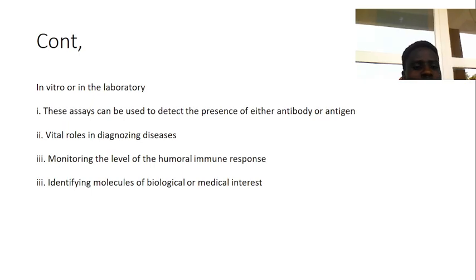In vitro, or in the laboratory, it helps in assays to detect the presence of either antigen or antibodies in the sample, to monitor the level of immune response, and to identify molecules of biological and medical interest.